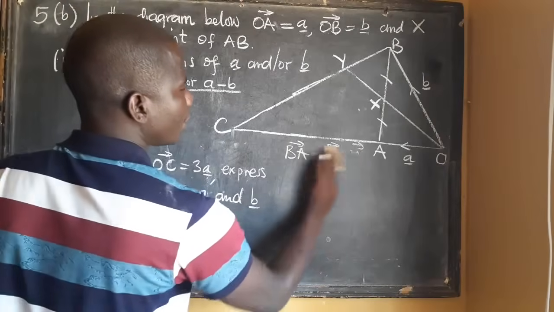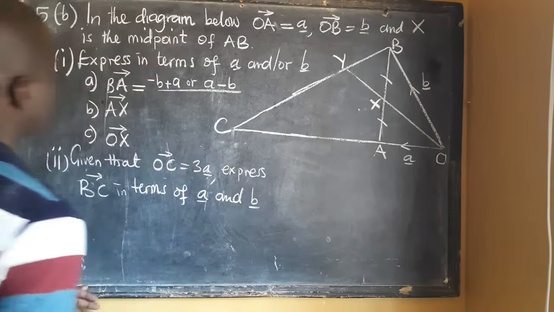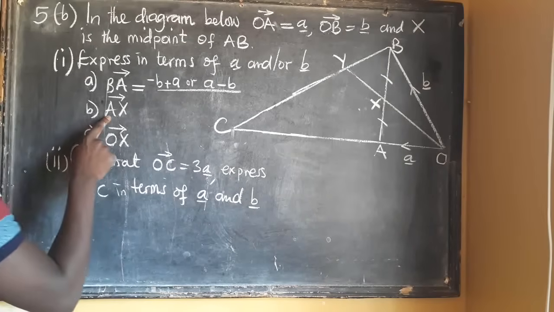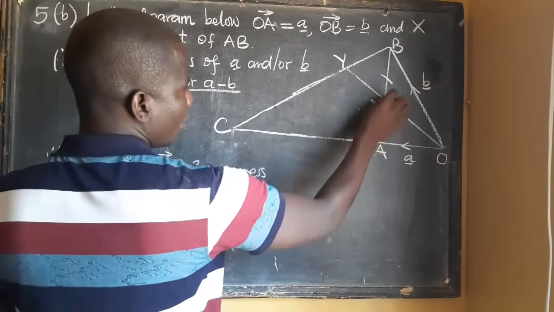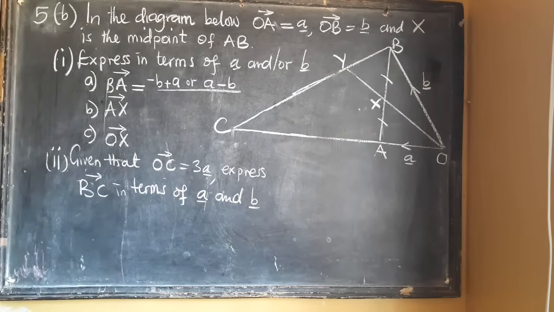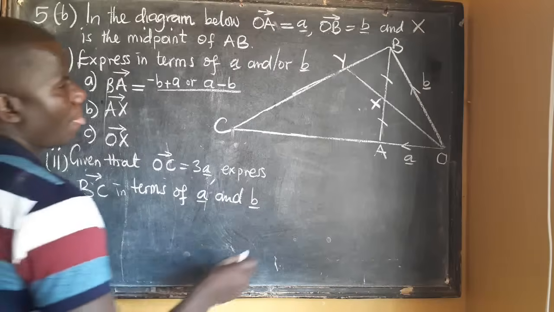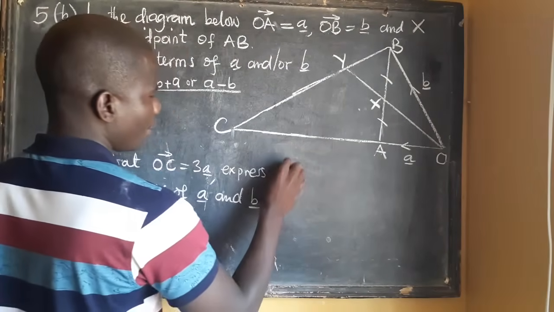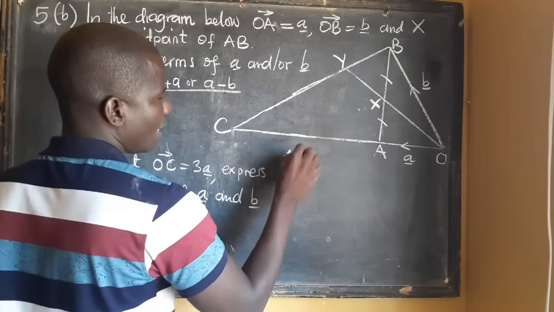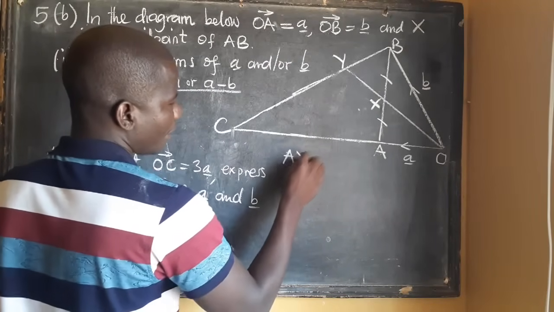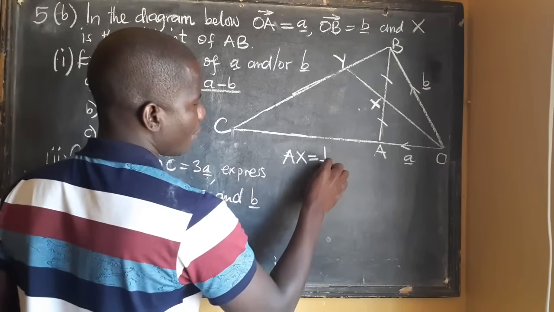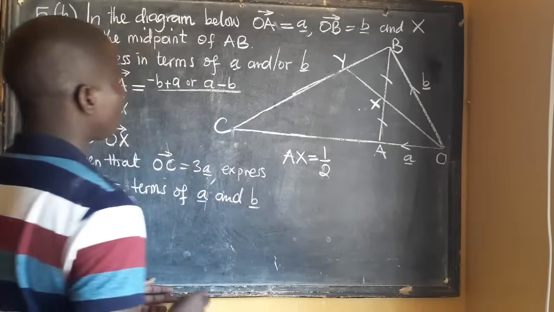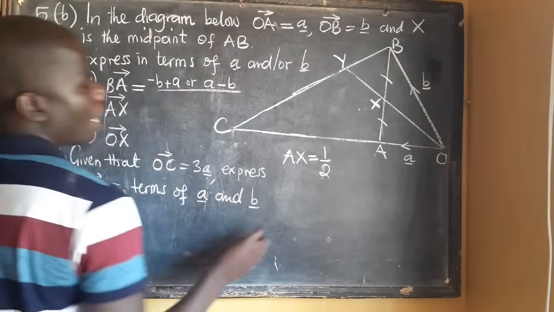So we can get rid of this. Then AX. AX is supposed to be half, which is half of what?